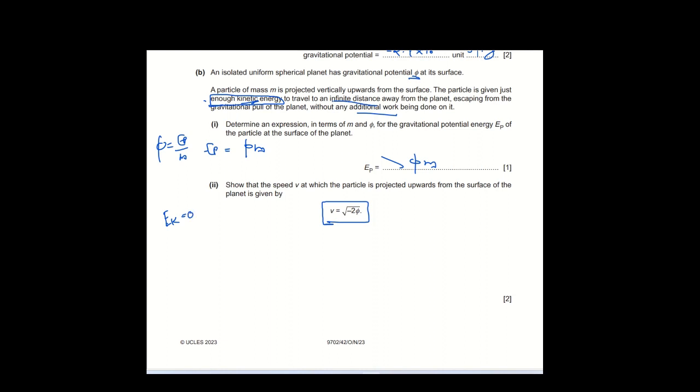And we know that at an infinite distance away from the planet potential energy is 0.